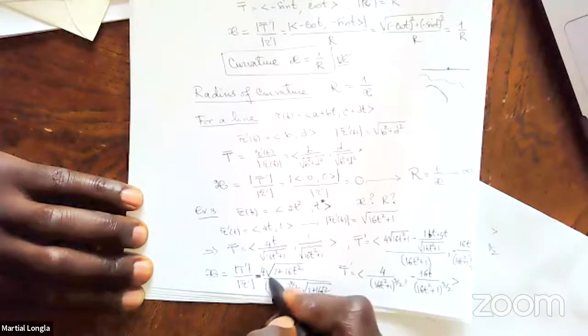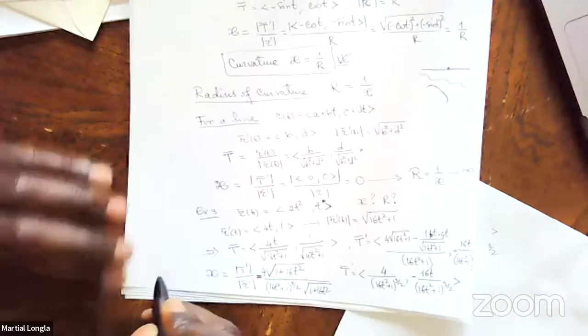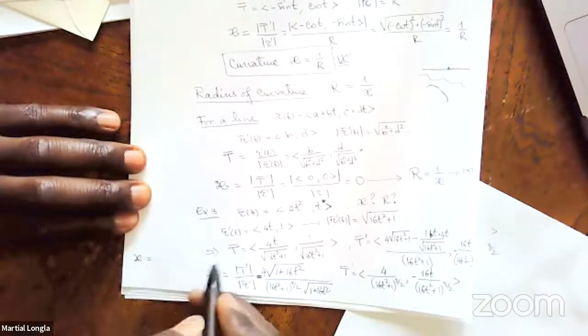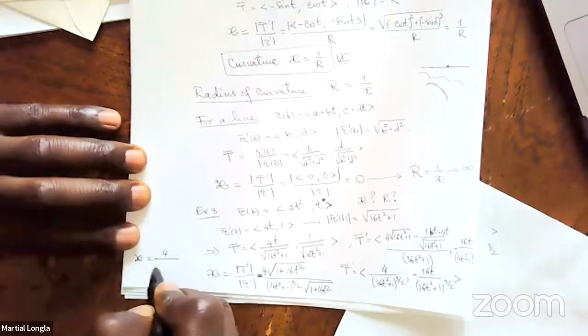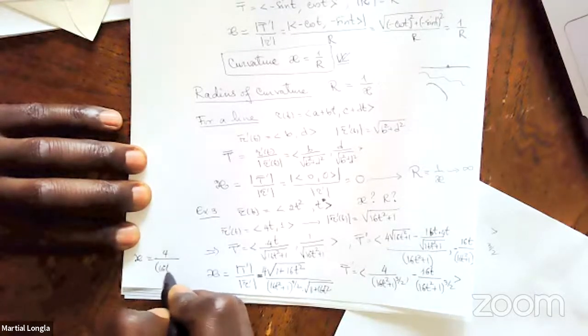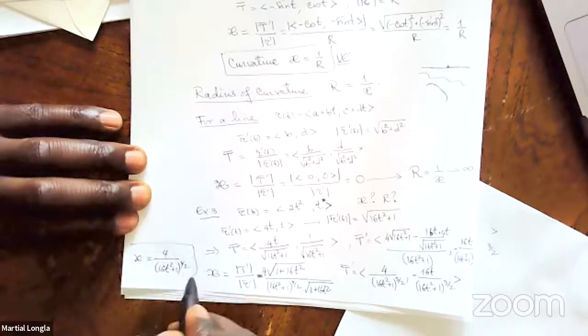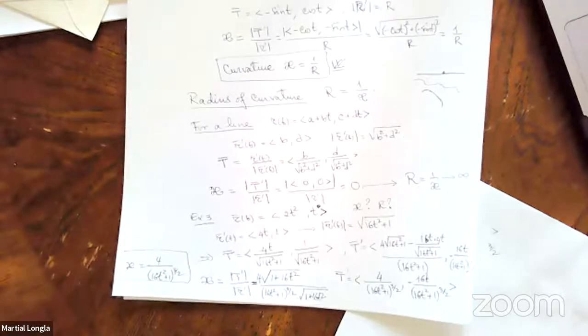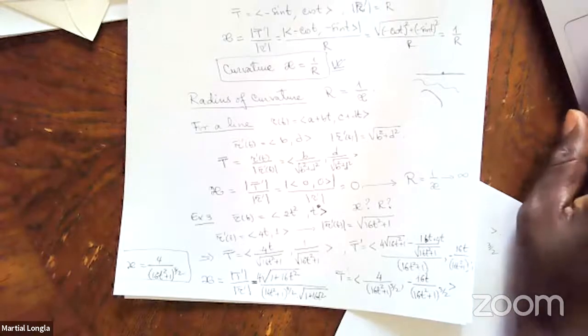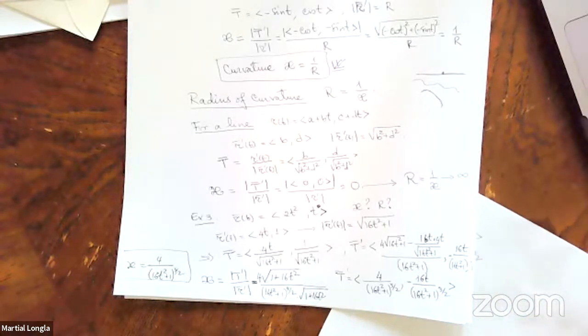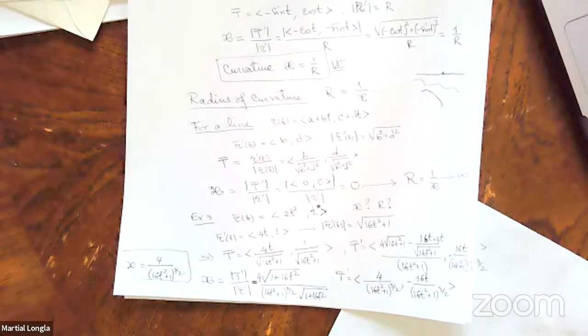So these two cancel, and you get kappa equals 4 over 16t squared plus 1 to the power 3/2.